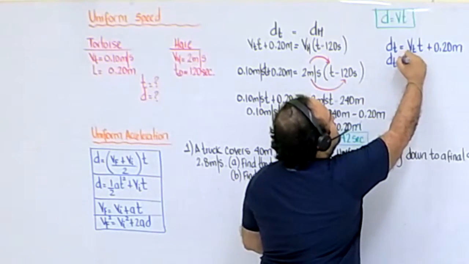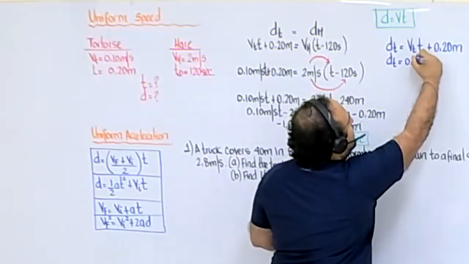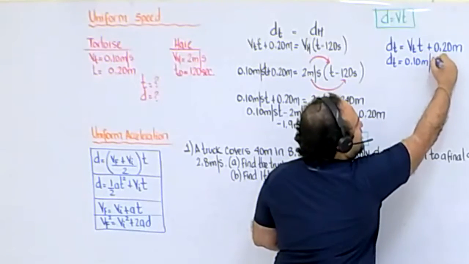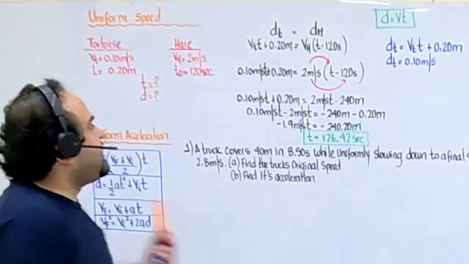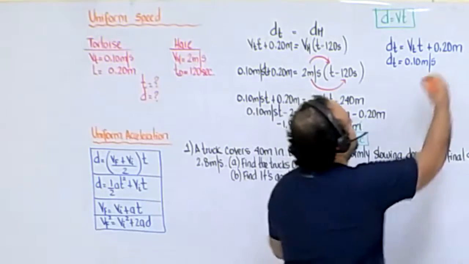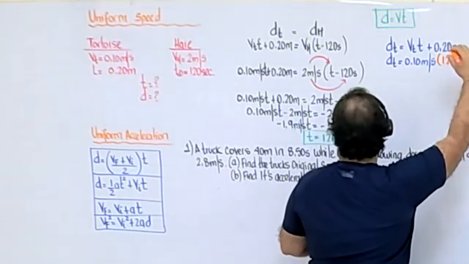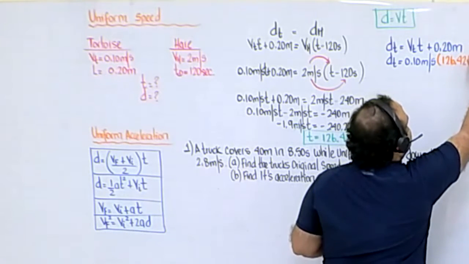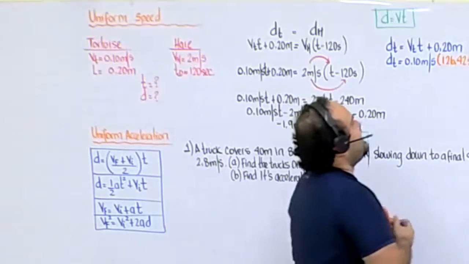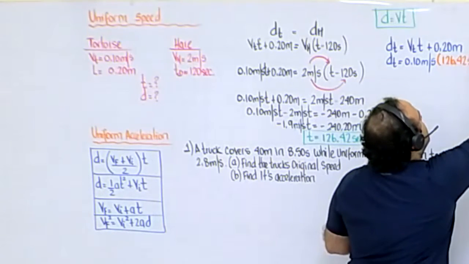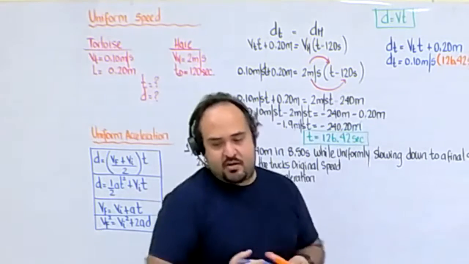The velocity of the total will be 0.10 meters per second. And instead of writing the variable t, I'm going to replace it by parentheses 126.42 seconds, close parentheses, and adding 0.20 meters.